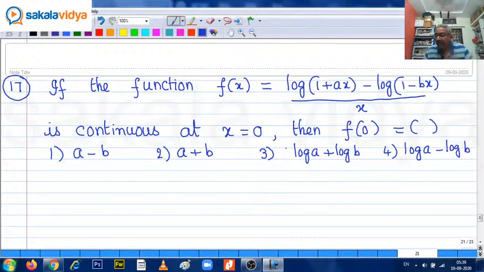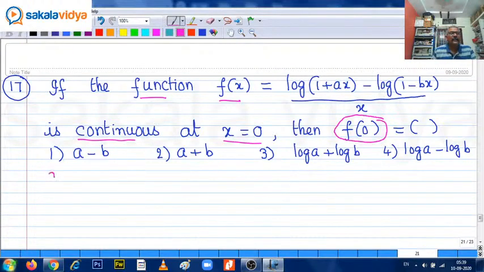This is a very important question for both limits and continuity. Both will be covered. The function f of x is equal to log of (1 plus ax) minus log of (1 minus bx), upon x, is continuous at x is equal to 0. Then we need to find f of 0.